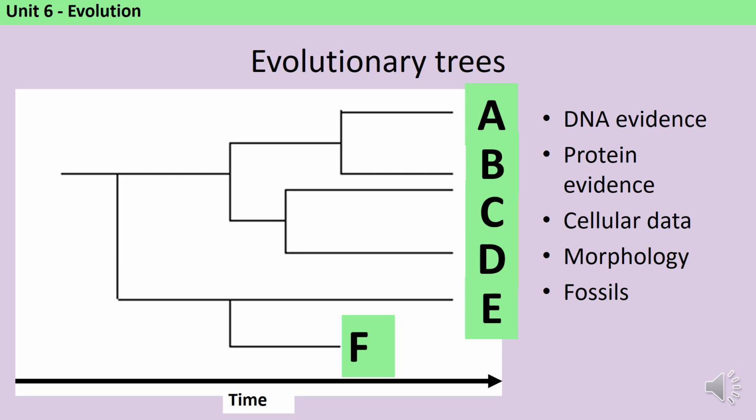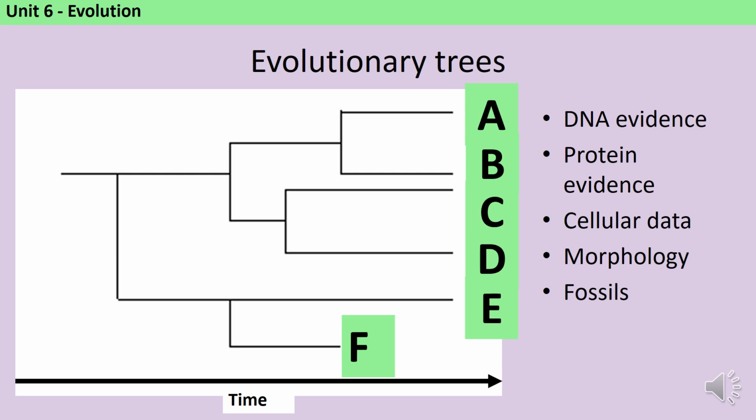Whereas F, which hasn't made it all the way up to the present day, is an extinct species. The shorter the distance we have to go back to find a common node, the more closely related two species are. So A and B are each other's nearest neighbours, and C and D are each other's nearest neighbours. And A and B evolved from a common ancestor more recently than C and D did. And then E is even further back again.